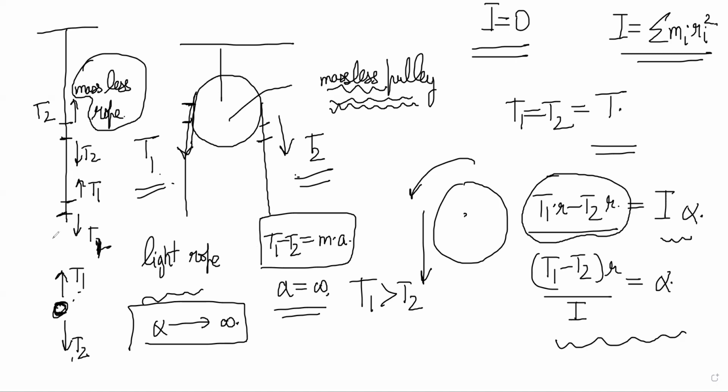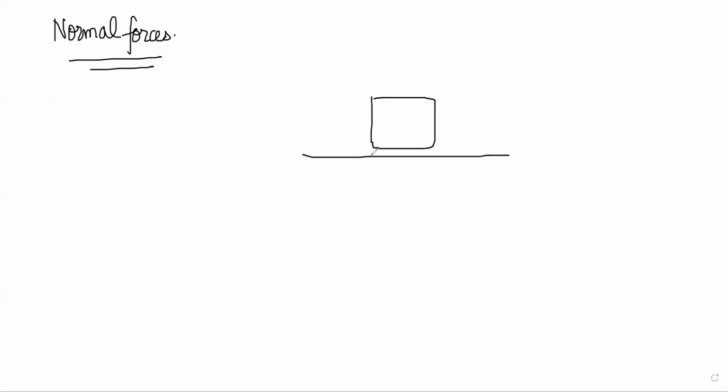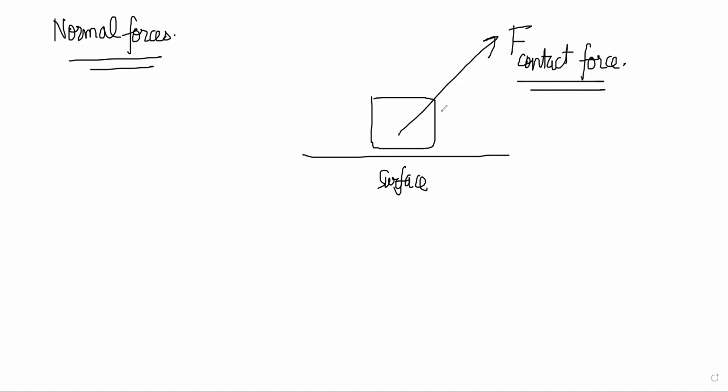The next type of force that we'll talk about is normal forces. So what are these normal forces? This is the force perpendicular to the surface that a surface applies on an object. Technically, the surface here applies a force on the object which could be in any direction. This is known as your contact force. It is not necessary that the contact force is vertical or horizontal.